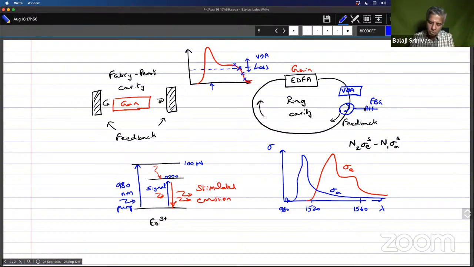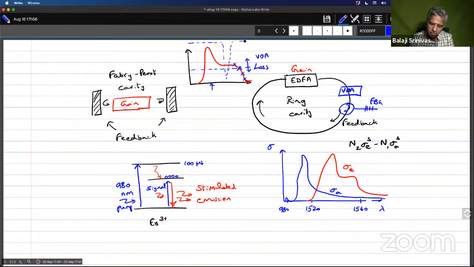An FBG is useful in making sure that at any particular operating condition only one wavelength is oscillating, and that is because the FBG has a loss spectrum like this.